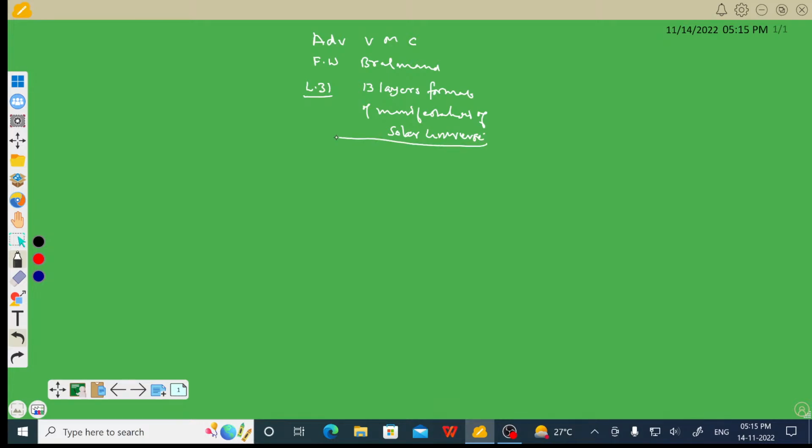The uppermost layer is the 8 directional frame.